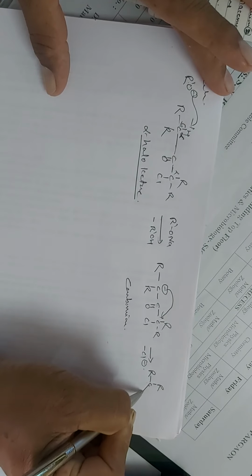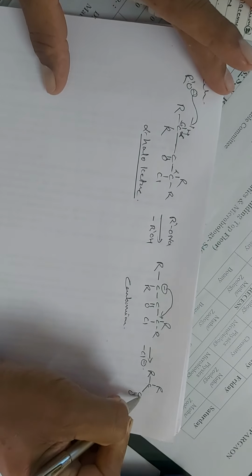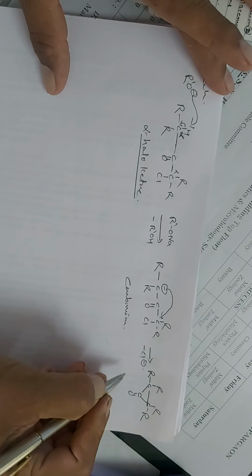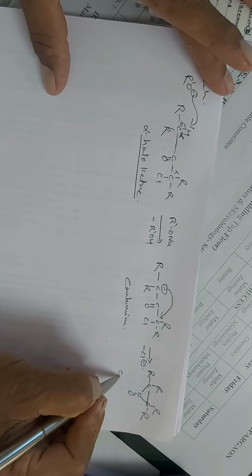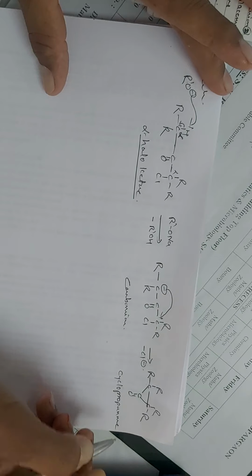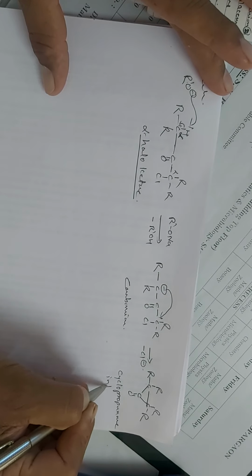So here you get the formation of an intermediate, RCR-C(=O)-CRR, that is the cyclopropanone intermediate.